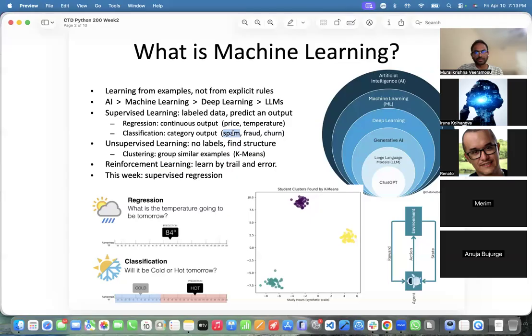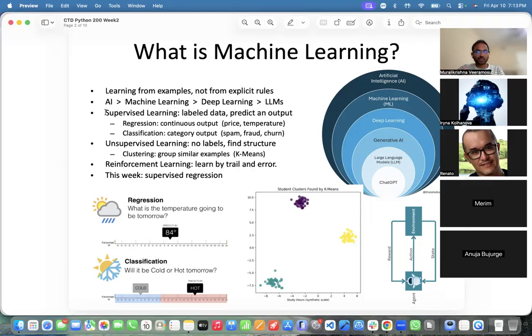So that's a category output, right? We know the output. Output is definitive and known. So for those examples, we use classification technique. So that's about supervised learning.